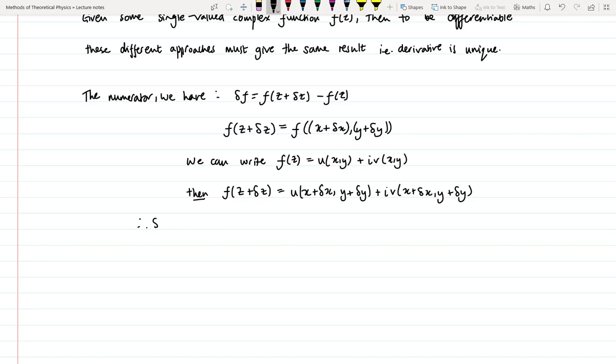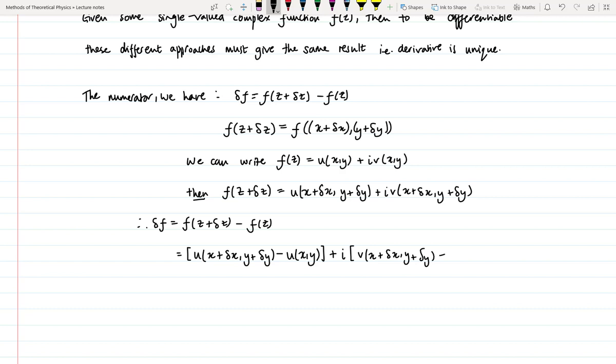That means that our small increment delta f, which is f of z plus delta z minus f of z, is given by, substituting in from above, the first part from f of z plus delta z, this second part from f of z, that's the real change, and the imaginary change is given by this.